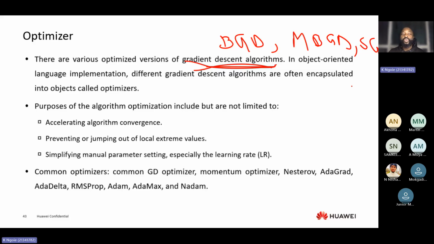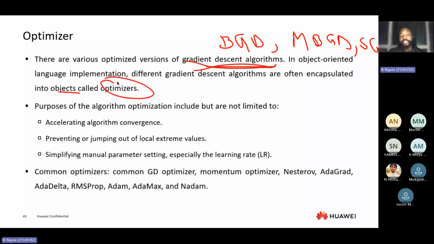All right. So now these are methods that we use in order for us to reduce the loss by changing. So these functions are going to automatically change the parameters, the weight, until we get the weight that gives us the lowest loss. Okay, so this gradient descent method can be encapsulated into objects called optimizers.